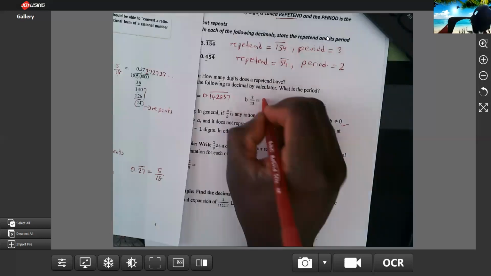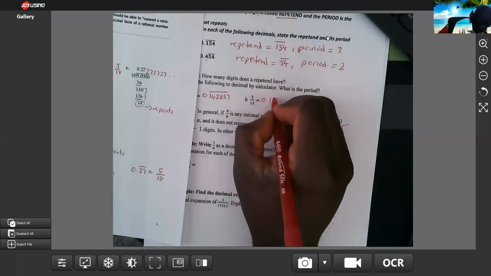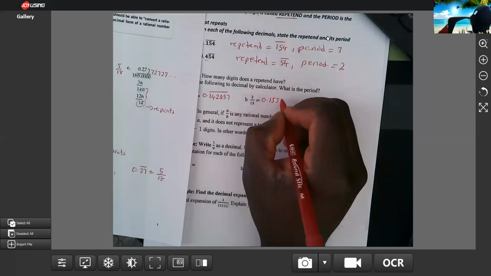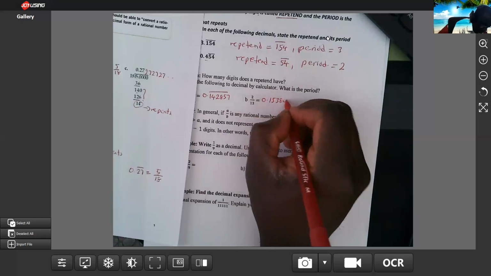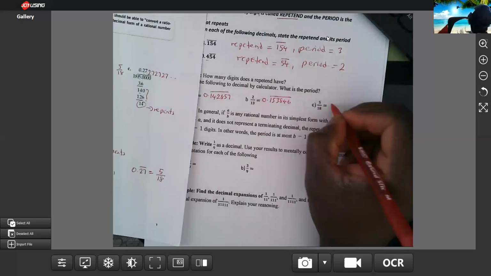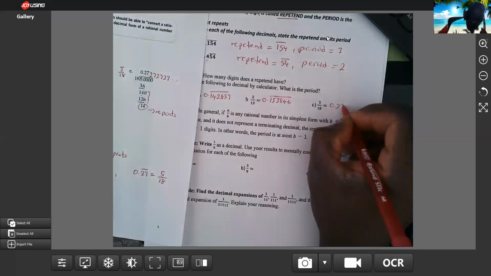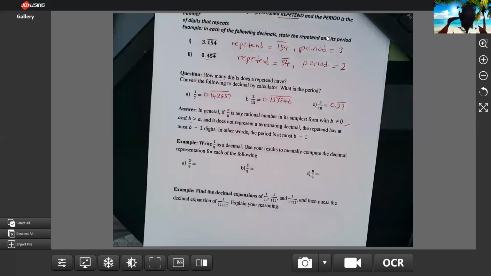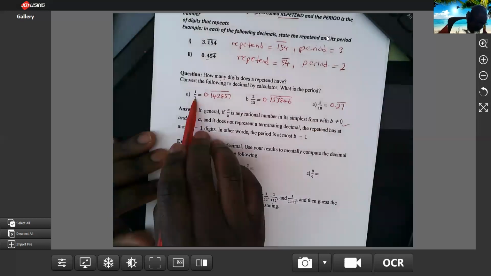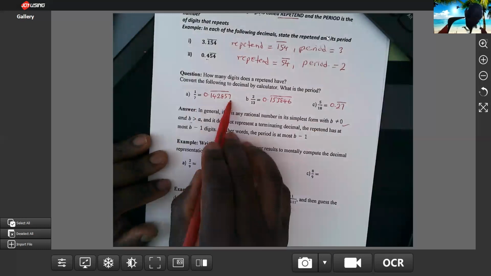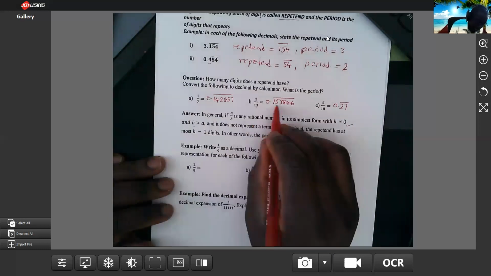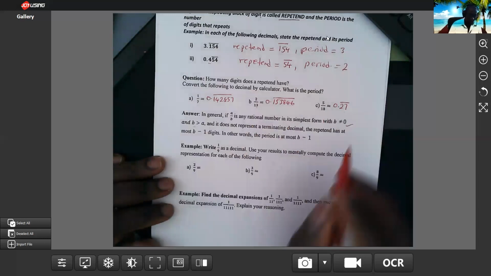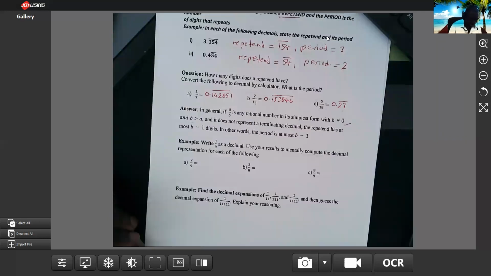This is 0.153846 repeating, and over here you have 0.27 also repeating. For 7, you have 6 digits in the block. For 13, you have 6, and for 18 you have 2. So the question is again, what is the period, and why?